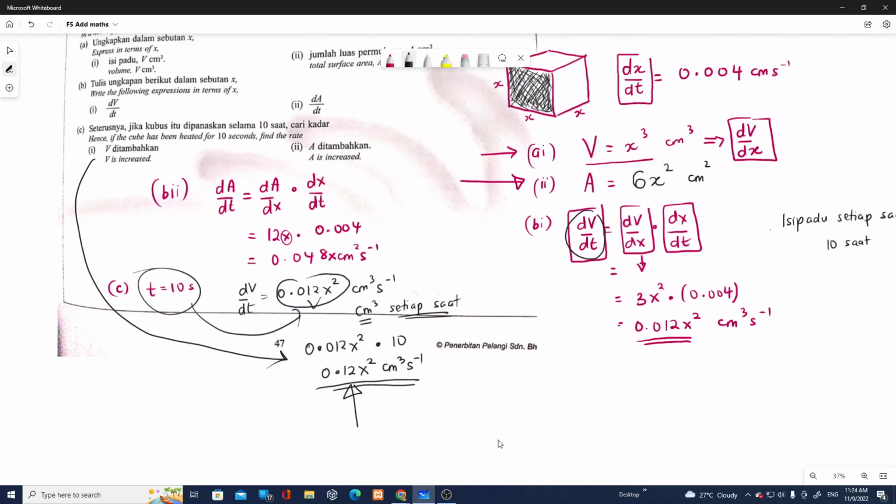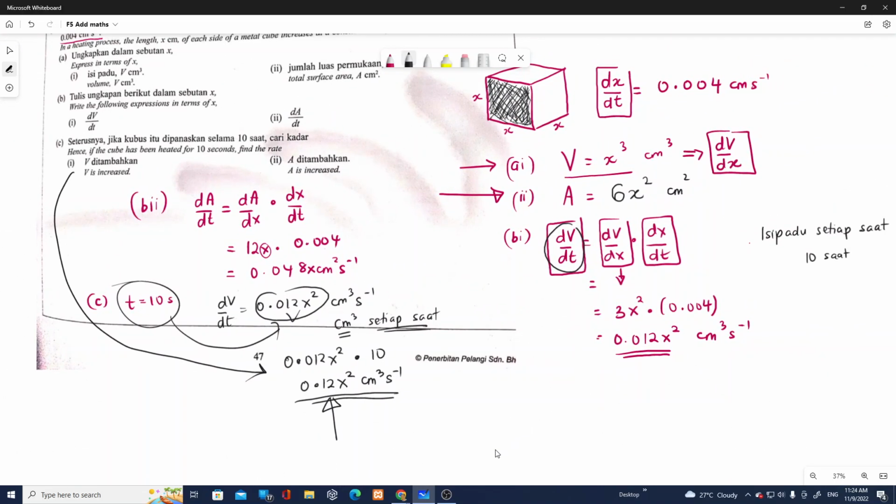Okey, kalau untuk C, jika kubus dipanas selama 10 saat, cari kadar luas muka ditambahkan. Dengan cara yang sama, dari B2, jawapan kita ialah luas ditambah setiap saat ialah 0.048x.